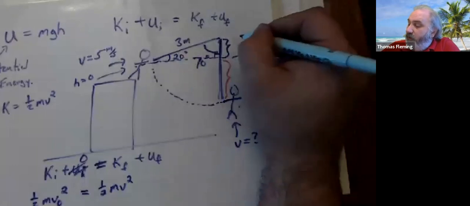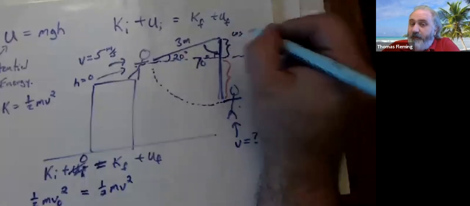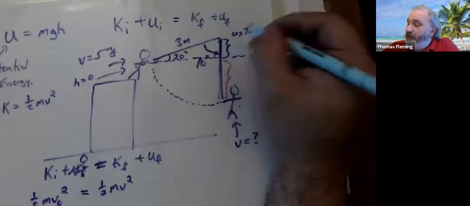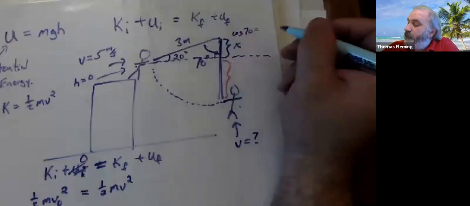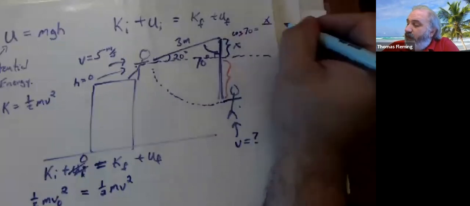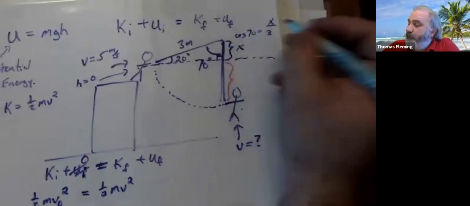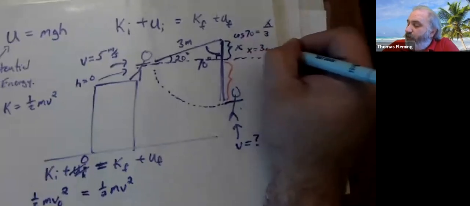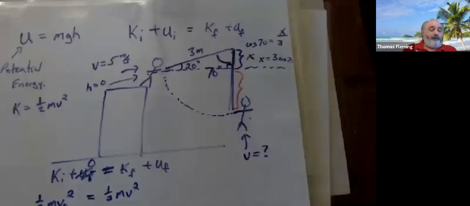So up here, I know that the cosine of 70 degrees is going to equal the adjacent side, I'm just going to call this x, over the hypotenuse, which is 3. So that means that x is going to equal 3 times the cosine of 70. And that's a number. So 3 times the cosine of 70 tells me that that's 1.026 meters.